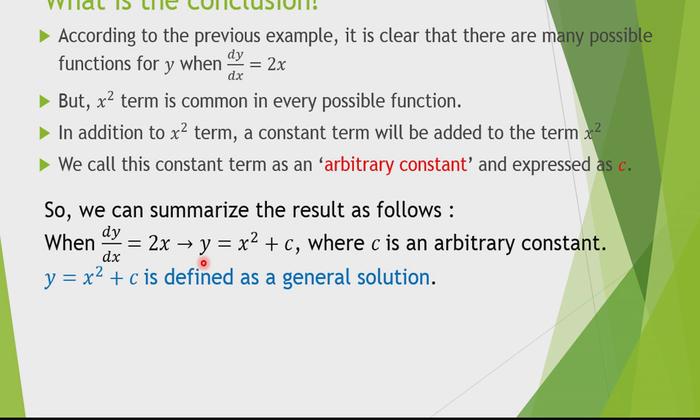Then y equal x squared plus c, which was the answer of integrating the derivative function, we call a general solution, where c is an arbitrary constant value. Depending on that, you might have different answers, different functions. That's why this becomes a general solution.